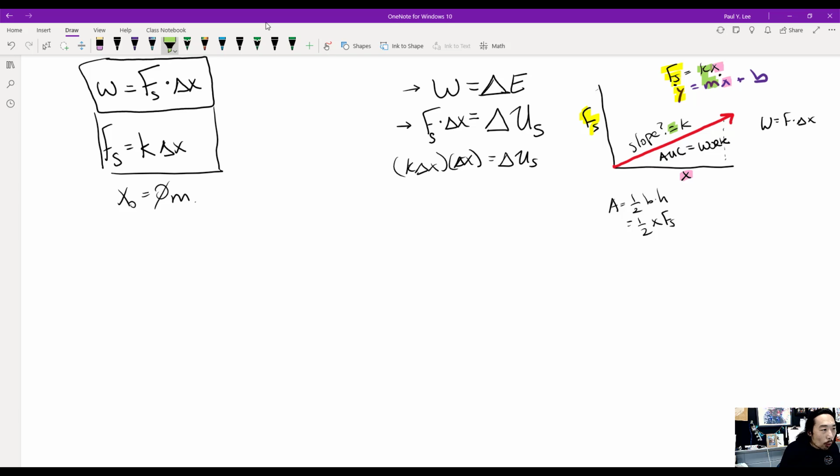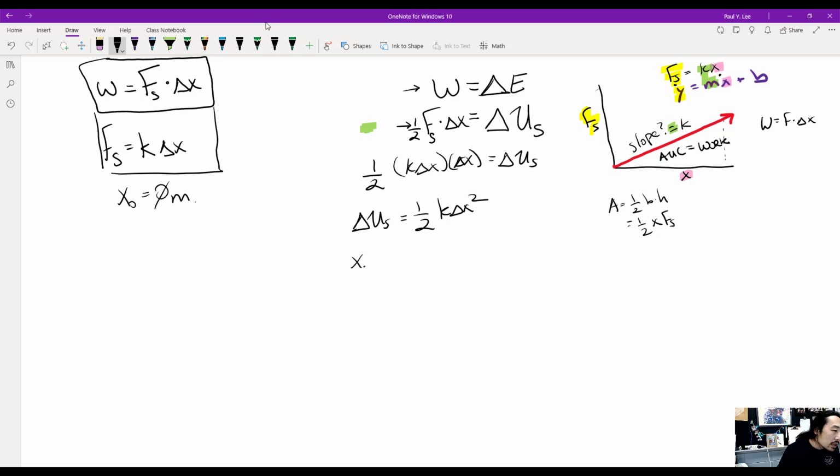The only thing missing, where F of s is your height and your delta x is your x, is that 1/2. If I put that 1/2 there, this now gives us the true formula for the change of potential energy for a spring. So delta U s is equal to 1/2 k delta x squared.